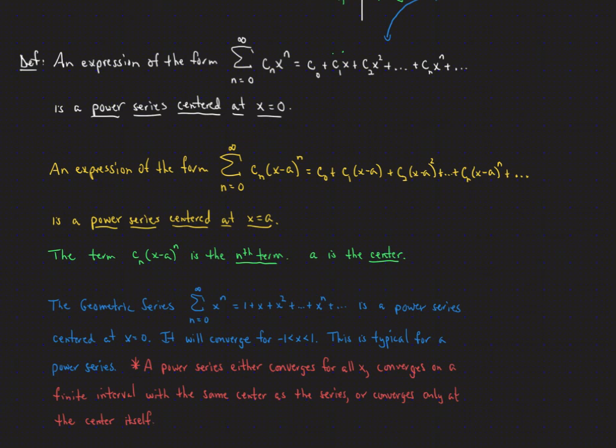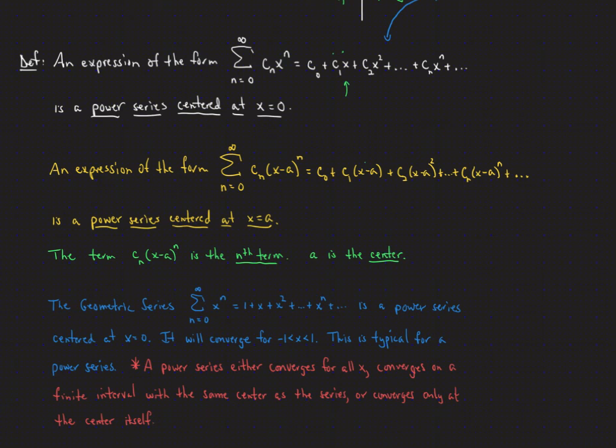If you write in the yellow here, this sum of c sub n times x minus a to the n, then you get a polynomial where all of the powers are of x minus a instead of x. So you can correctly think of that as being x minus 0, and this as being x minus something other than 0. So this then is a power series centered at x equals a.